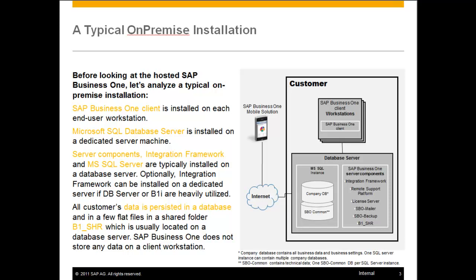So what we have then is the Business One client, we have our SQL Server instance, and we have the Business One server components. Now let's just talk for a second about the Business One database structure.